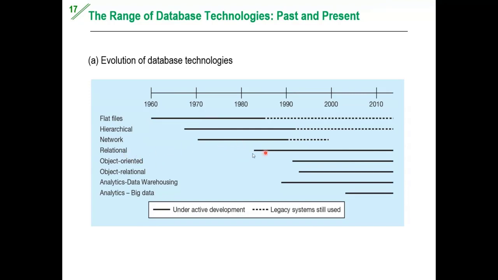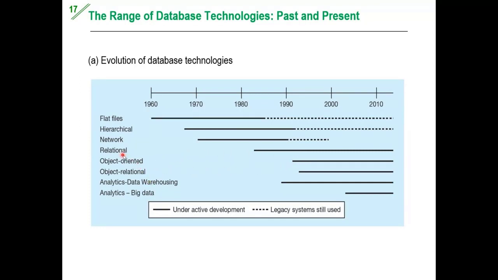But the relational database started in the late 1980s, and we are still using relational database technologies. But nowadays other technologies have evolved, specifically when object-oriented programming started to evolve in the 1990s. That technology was integrated into databases to develop object-oriented databases.